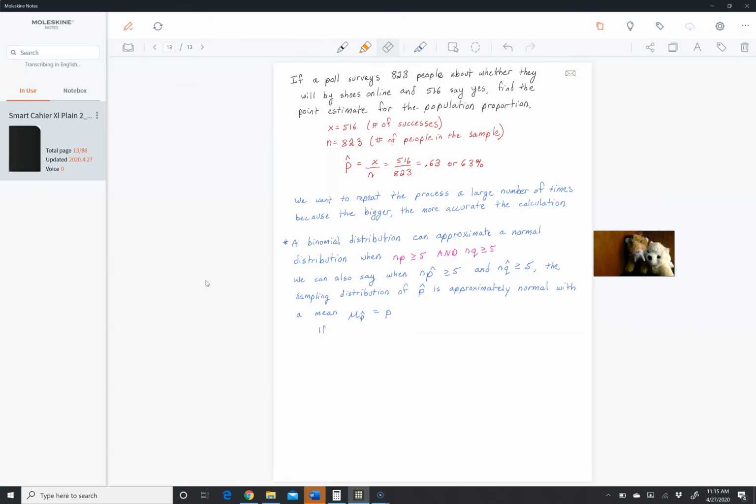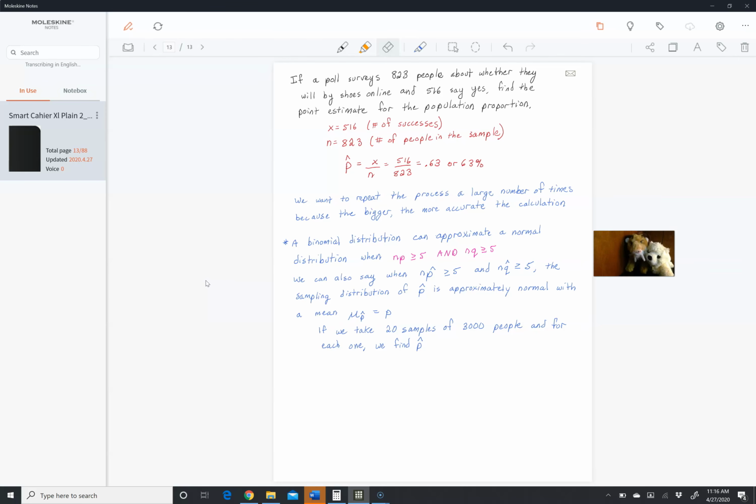So if we take 20 samples of 3,000 people, and for each one we find the sample proportion, okay, so the number of successes over the sample size, which would be 3,000 in each of these cases. That's going to give us 20 numbers.